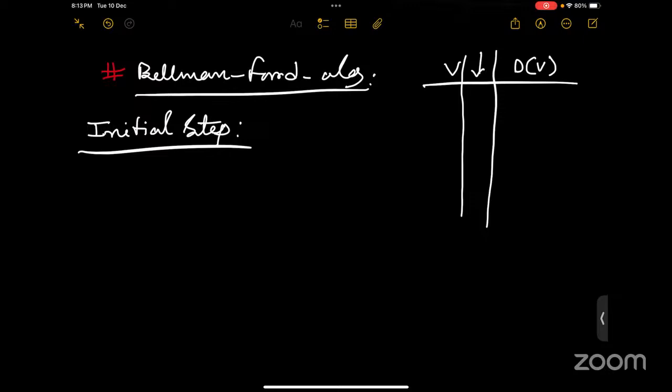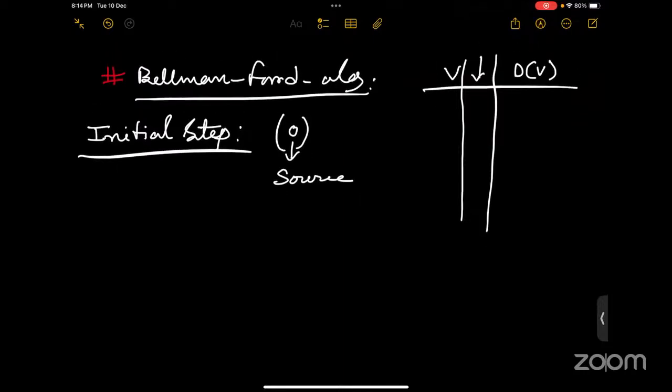So we will fix a source. Just for now, let us consider 0 is the source here. I'm denoting the source as 0 here. So if 0 is the source, we will write the distance of the source as 0.